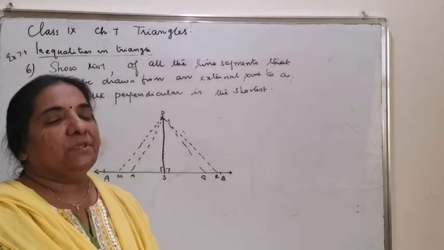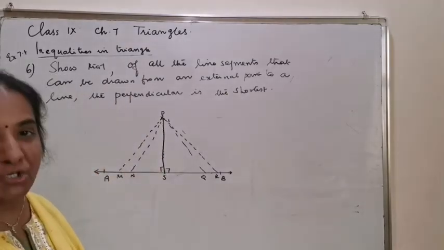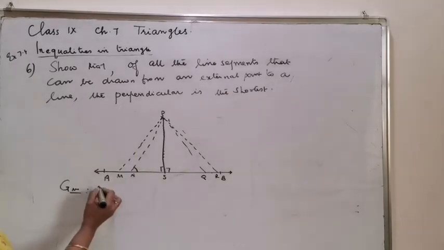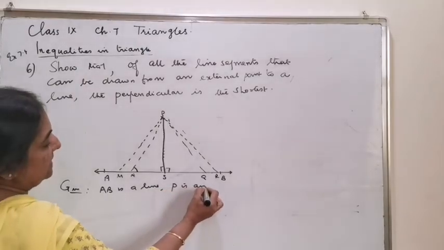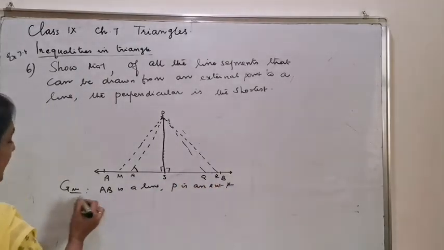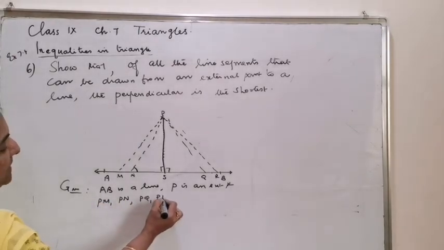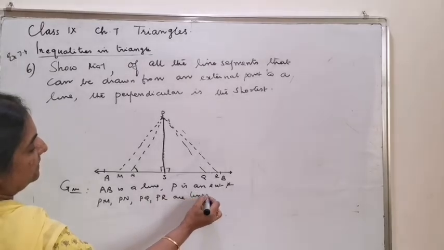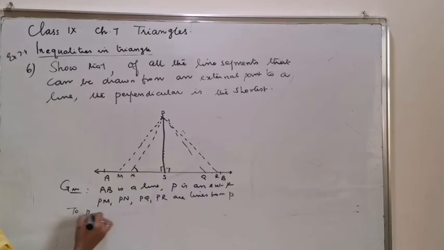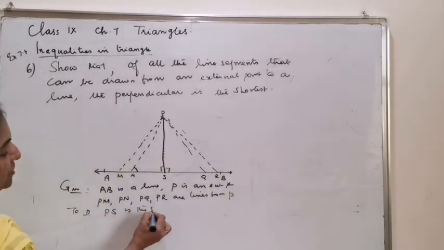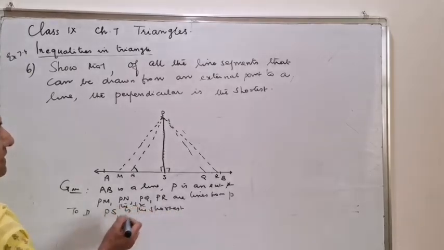I hope you understood this from the drawing, because as in the first question, in a right triangle, you understood that AC is the longest or the altitude is the shortest. Let's take what is given here. AB is a line, P is an external point, and a few line segments PM, PN, PQ, PR are lines from point P. What is to be proved is that PS, the perpendicular, is the shortest.